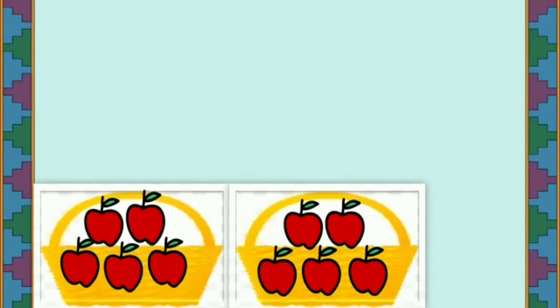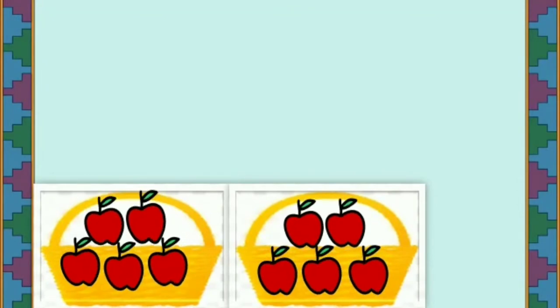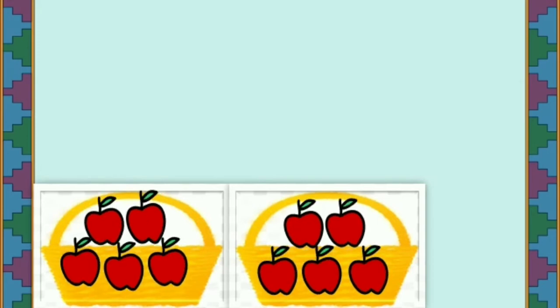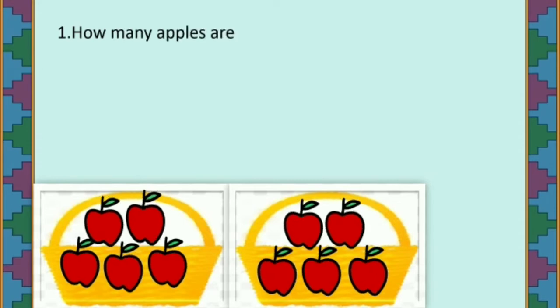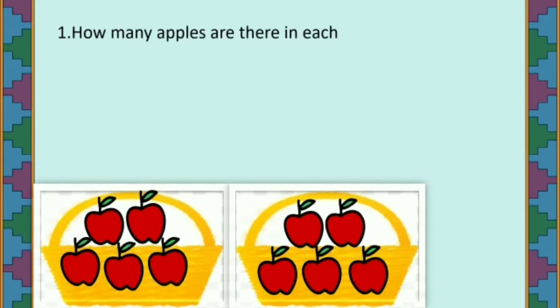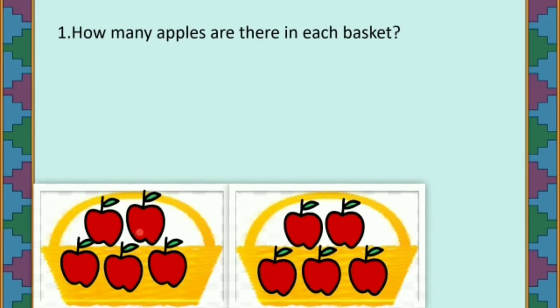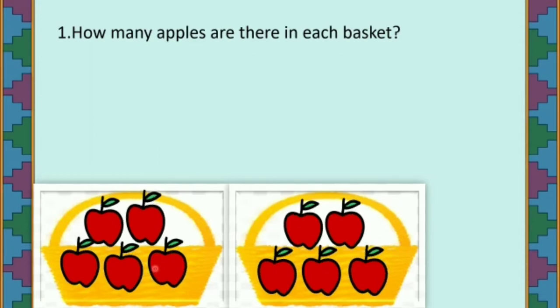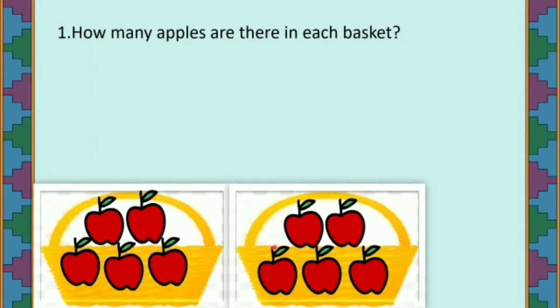Both the friends had collected an equal number of apples. Children, can you answer now? How many apples are there in each basket? Let's start counting. 1, 2, 3, 4, 5. So the number of apples in one basket is 5.